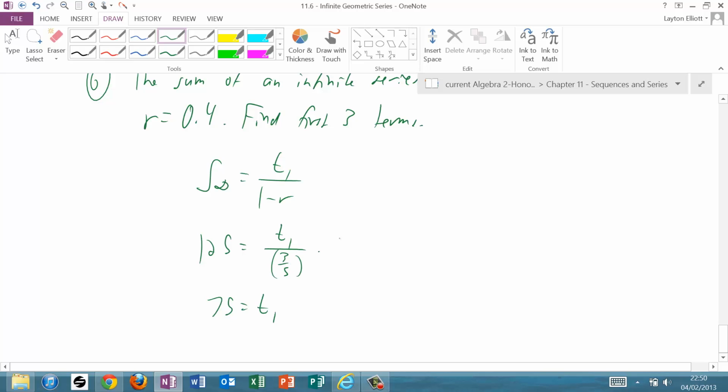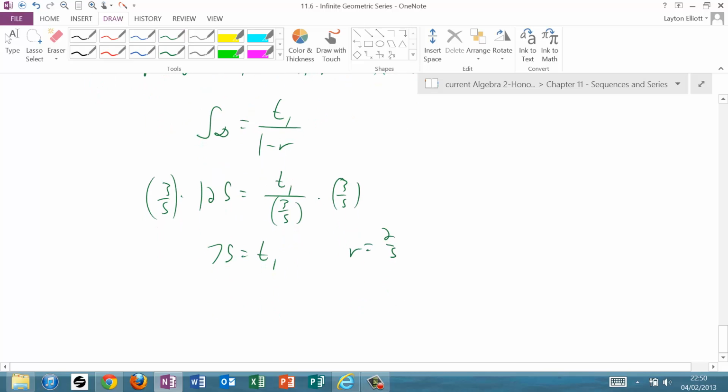Again, that was from multiplying both sides by 3/5. So t of 1 is 75. Now, r value, we said r was 2/5, so I have to do 2/5 times 75. It's 30. So 30 is equal to t2. And 2/5 of 30 is 12, so 12 is equal to t3.